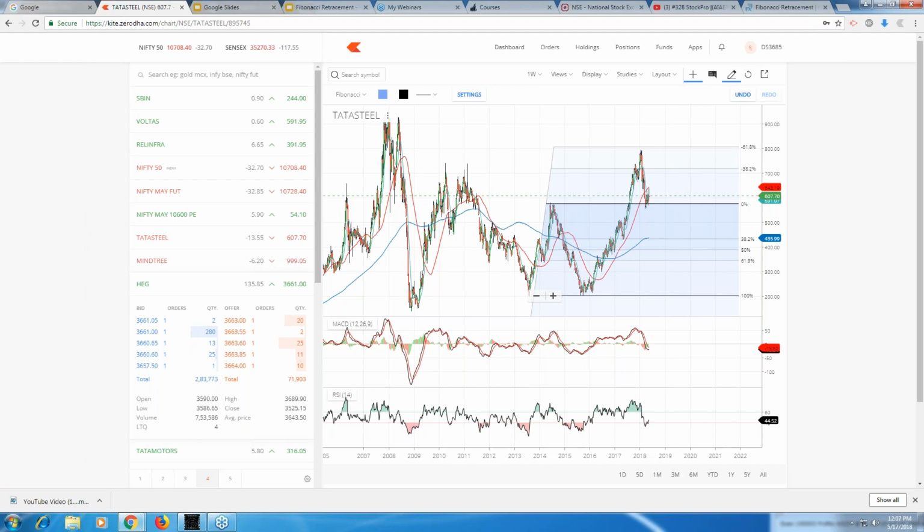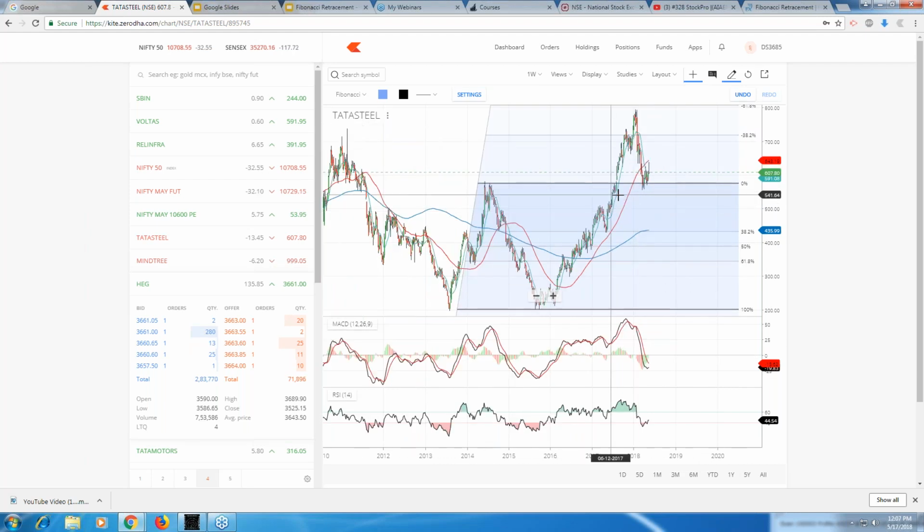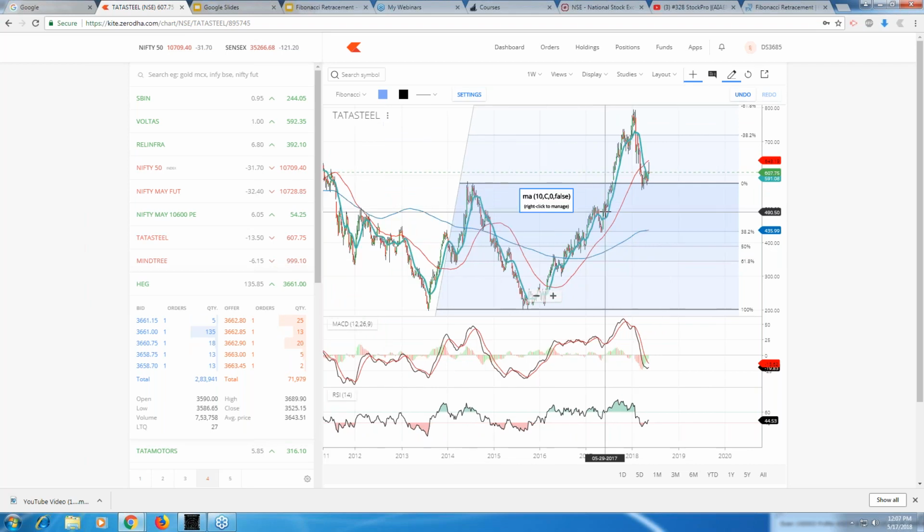When I was somewhere here, we could figure out where exactly the stock will be heading up to, right? So when we were in this part, we didn't know how much higher it will go.